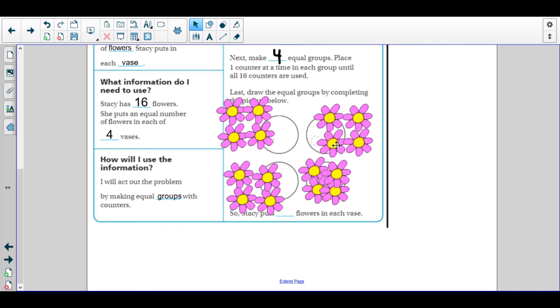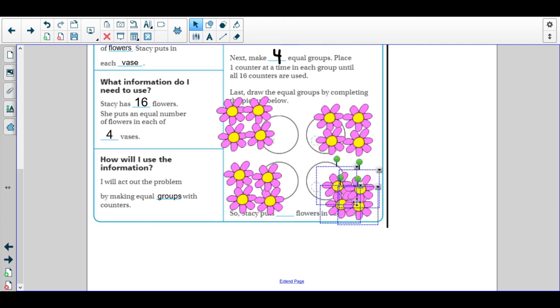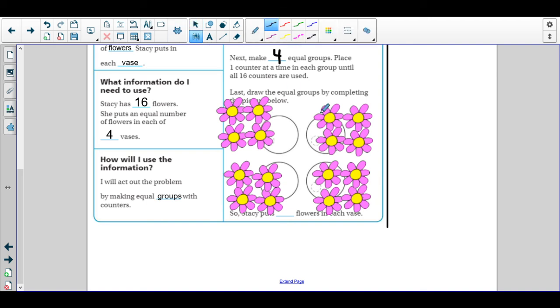Now when you do this, you don't have to do flowers and you don't necessarily have to have the counters. You can just make circles or X's or just something that serves as a placeholder for dividing these out. So Stacy puts 4 flowers in each vase.